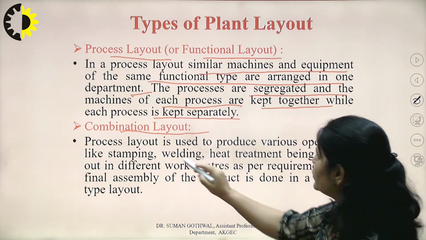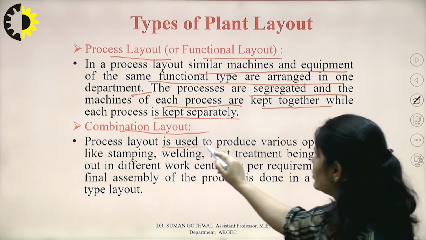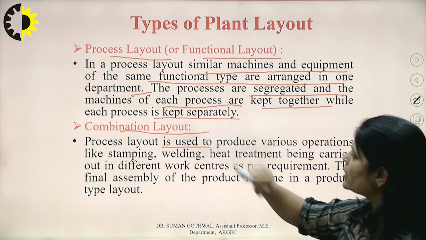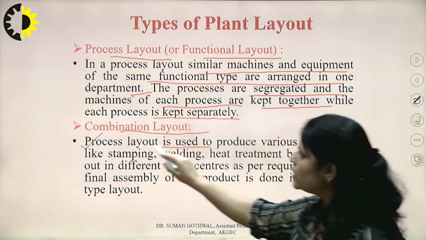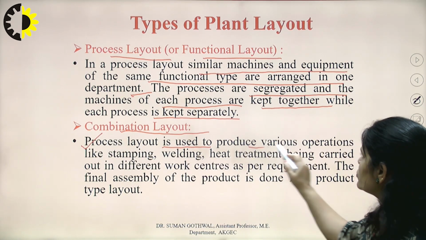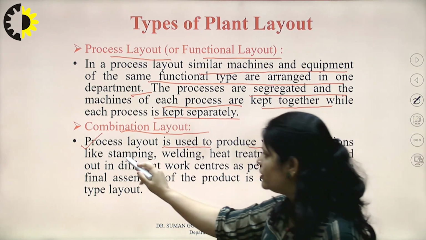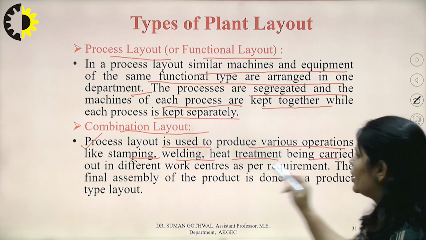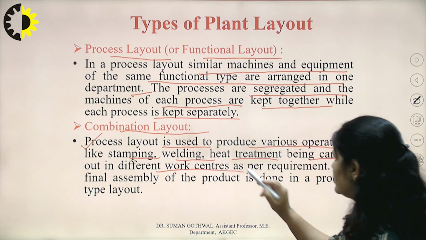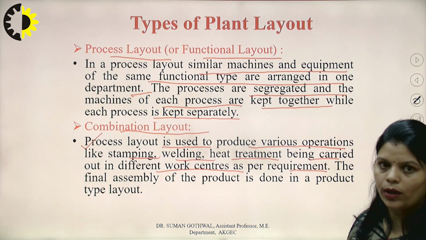In the combination layout, we use the process layout for various operations like stamping, welding, and heat treatment, carried out in different work centers as per the requirement.